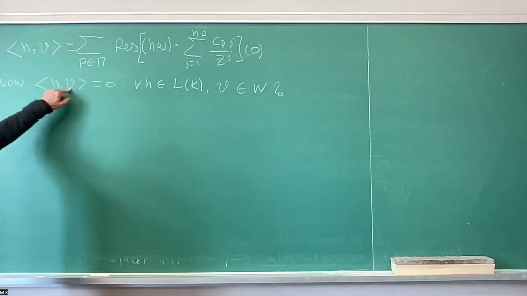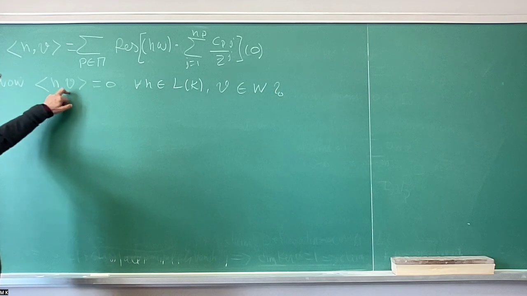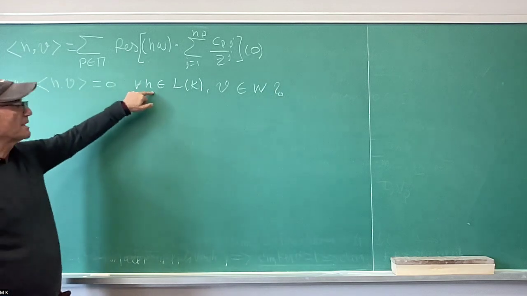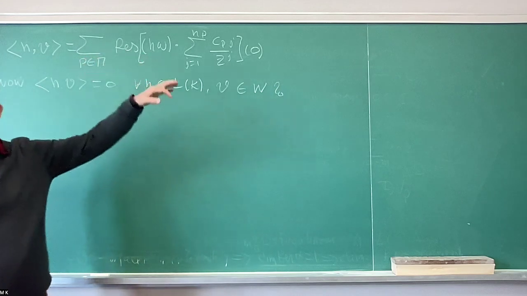If v is in W, and h is anything in L(K), we want to say that the pairing is 0.